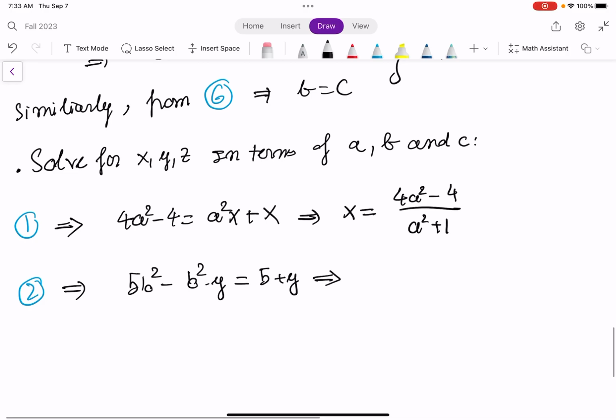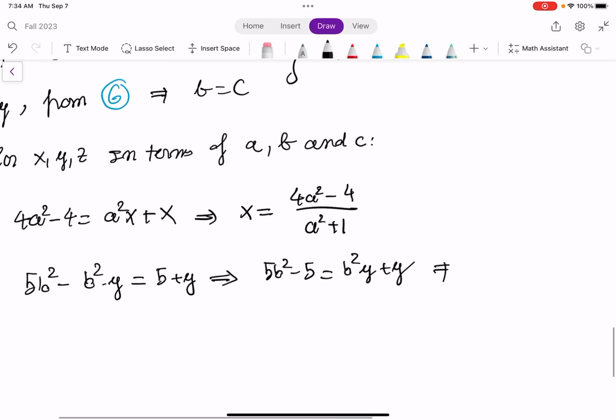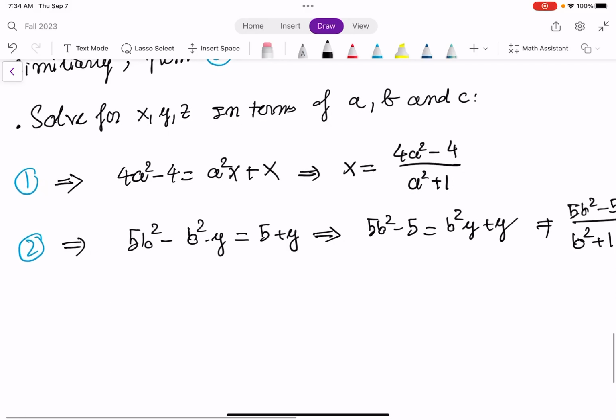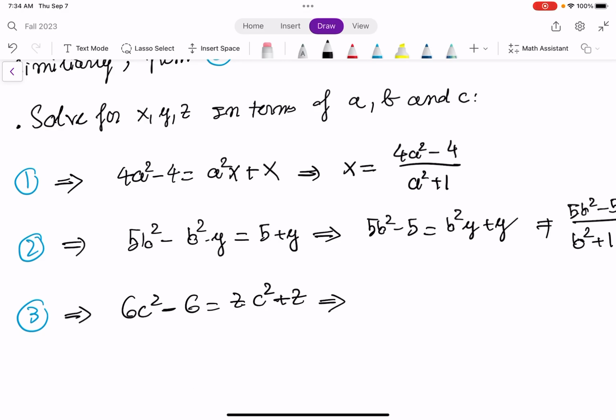If you rearrange the equation a bit, putting y on one side and the rest on the other, you get 5b squared minus 5 equals b squared y plus y. So you get (5b squared minus 5) over (b squared plus 1) equals y, right? And similarly from 3, you get 6c squared minus 6 equals z times c squared plus z. So you can conclude that z equals (6c squared minus 6) over (c squared plus 1).